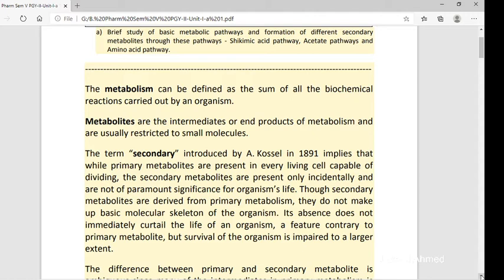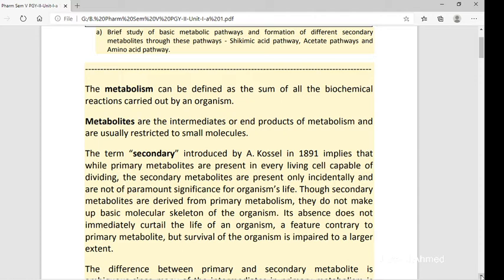Now the second difference: primary metabolites are directly involved in growth, development and reproduction. Secondary metabolites are not directly involved in growth and development, they are involved in chemical adaptation to environmental stress.